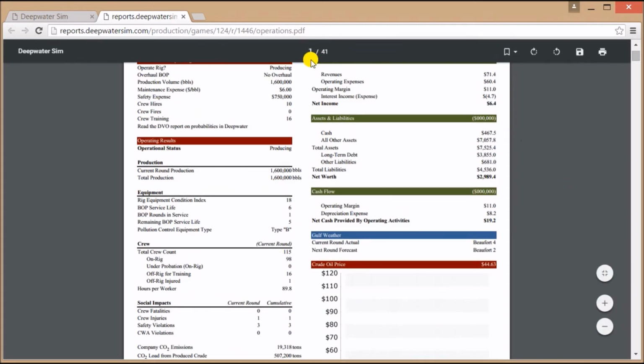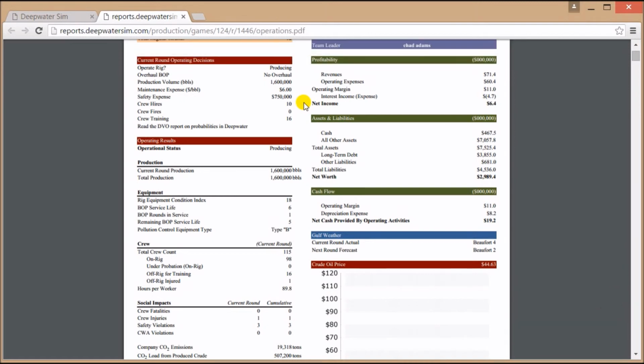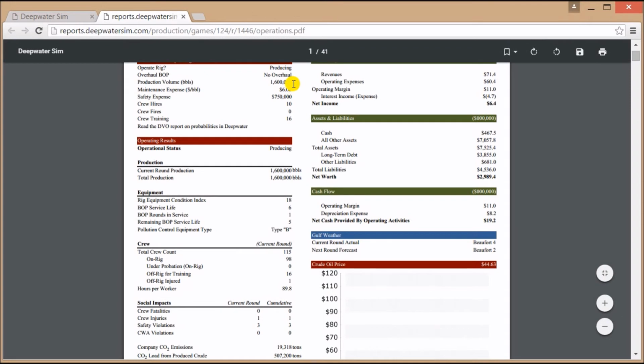And we see here at the top profitability. There's a very abbreviated income statement here, revenues and operating expenses. Revenues obviously driven by the amount of oil produced, and then the calculated operating margin. There's some interest expense, and here's the net income. Now that net income was generated from this production, 1.6 million barrels, and this crude oil price, 44.63.